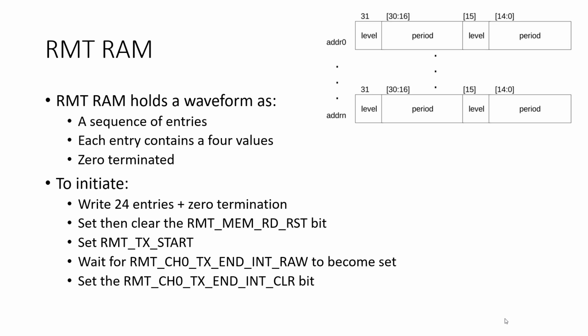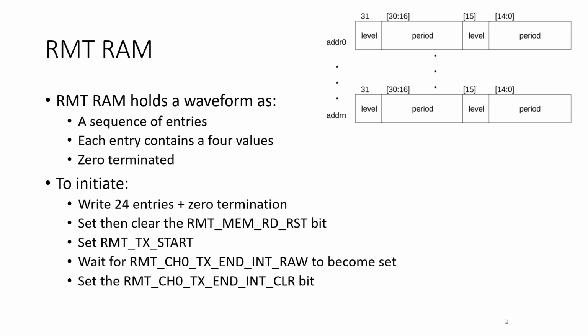The old ESP actually had allocated 64 of these entries per channel. But the ESP32-S3 has reduced that to 48. So you actually only have 48 bits you can send out at a time with the RMT, right?